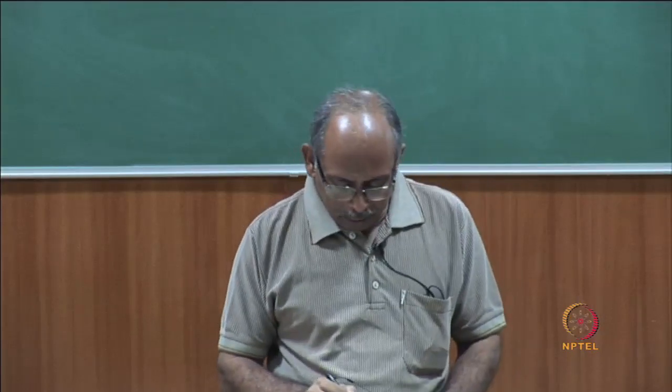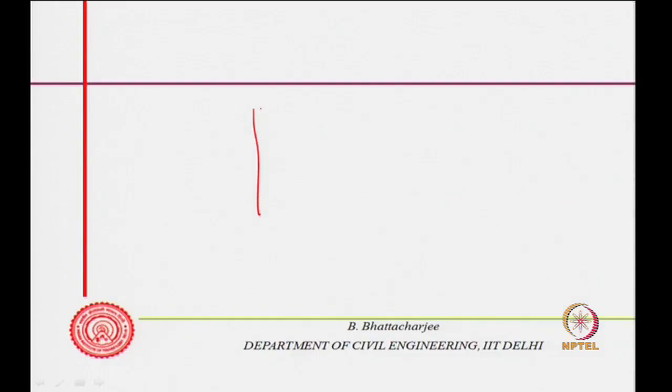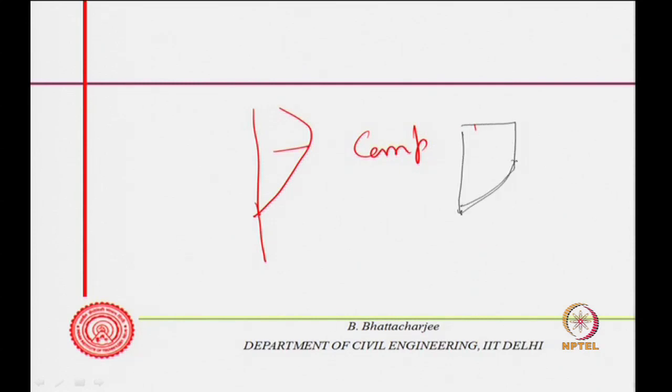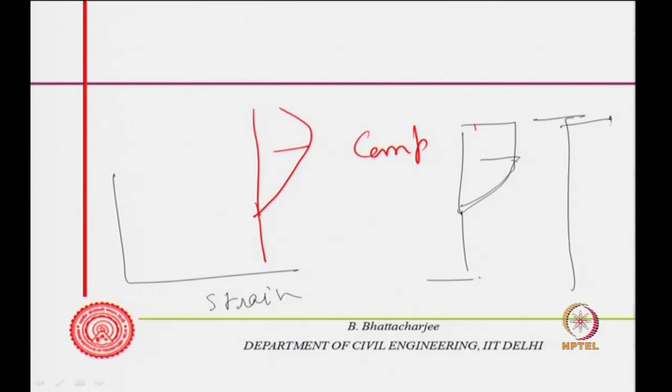Now, before I go further, in flexural design one should be using this sort of curve in compression. If you remember flexural design, the stress strain curve given in the code would be something like this. If I am looking at a section of a beam, this is the steel reinforcement, this is the concrete.